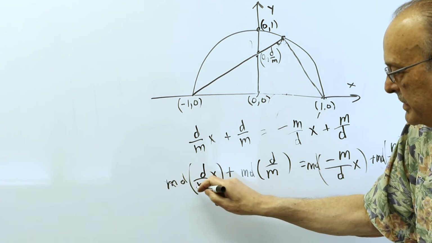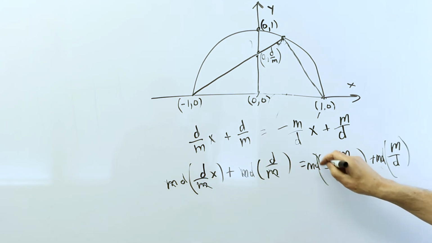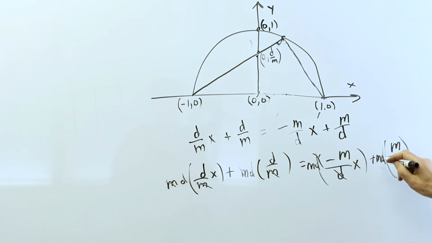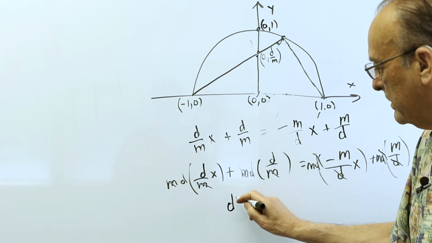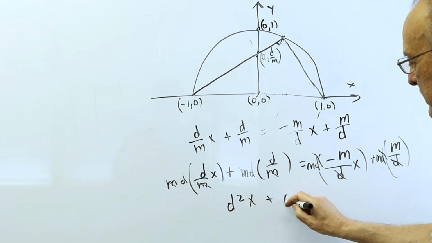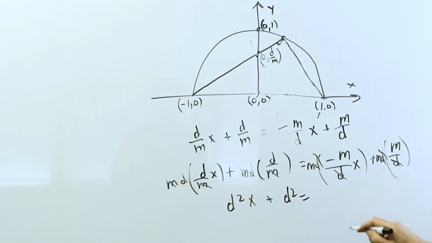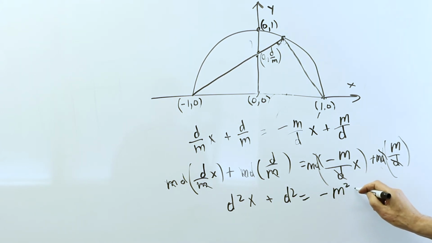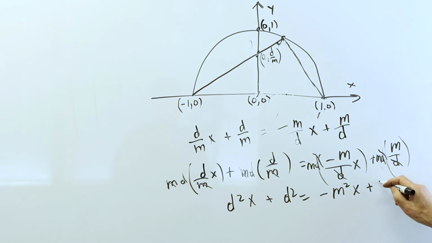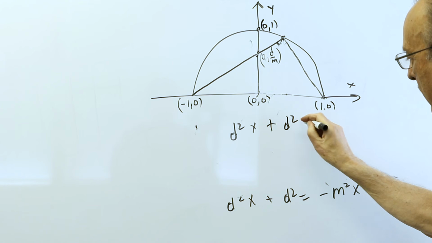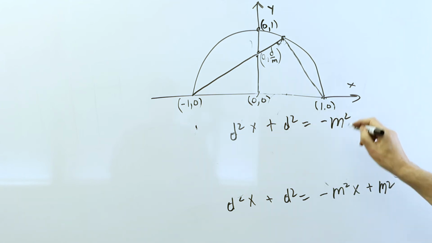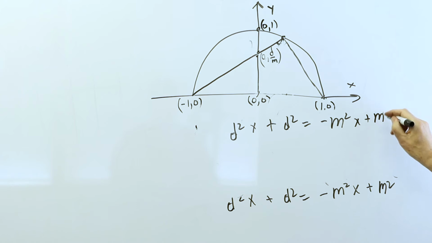So the m's will cancel, and the d's will cancel. So we end up with d squared x plus d squared equals negative m squared x plus m squared. So we'll give ourselves some more room.